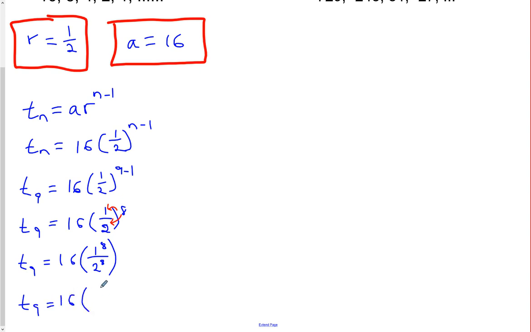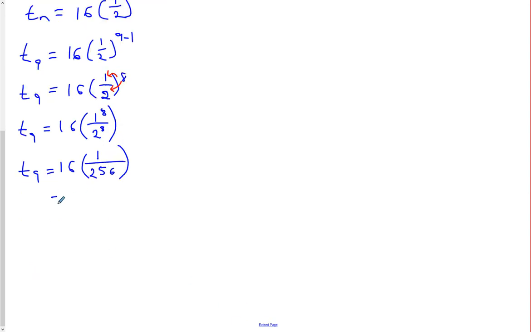And 1 to the power 8 is just 1, because it's 1 times itself 8 times. 2 to the power 8 is going to be 2 times 2 times 2 times 2 times 2 times 2 times 2, etc. So 2 to the power 8, that's actually one I don't have memorized. 256.